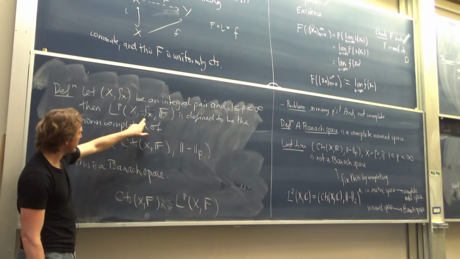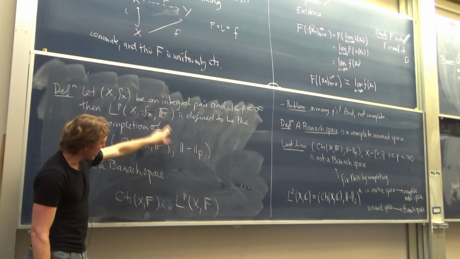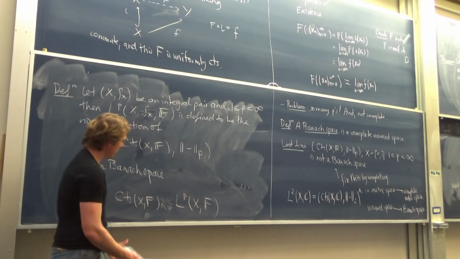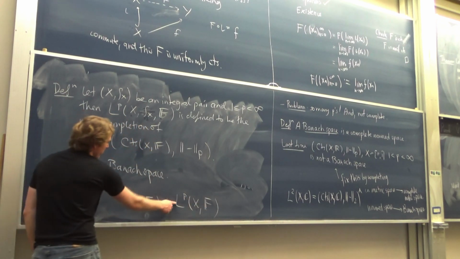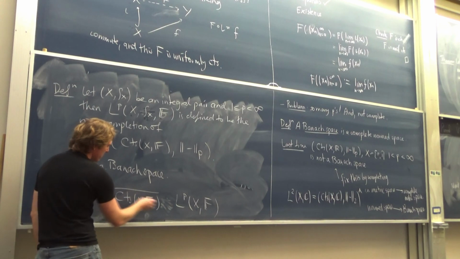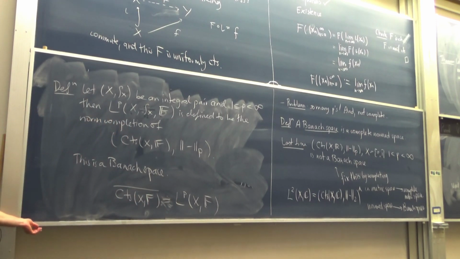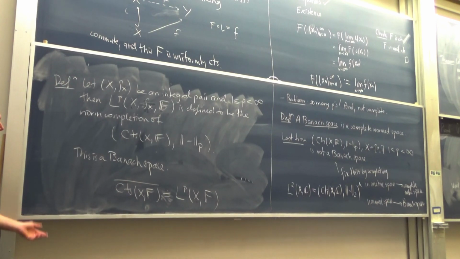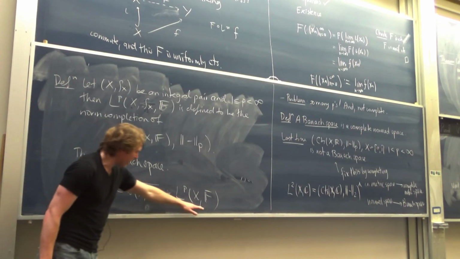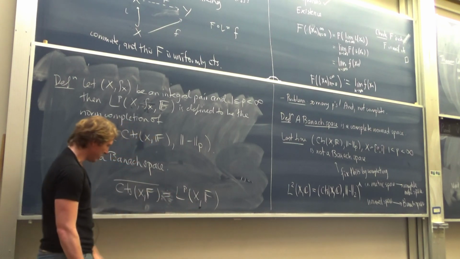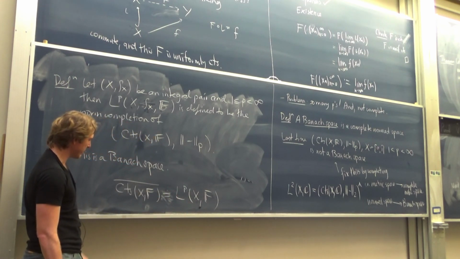So you've got a space, an integral, and a field of scalars, but usually you just write X and F. So that's the completion of this. This sits as a dense subspace inside of the L^p space. These L^p spaces are, if you like, fundamental objects of functional analysis.